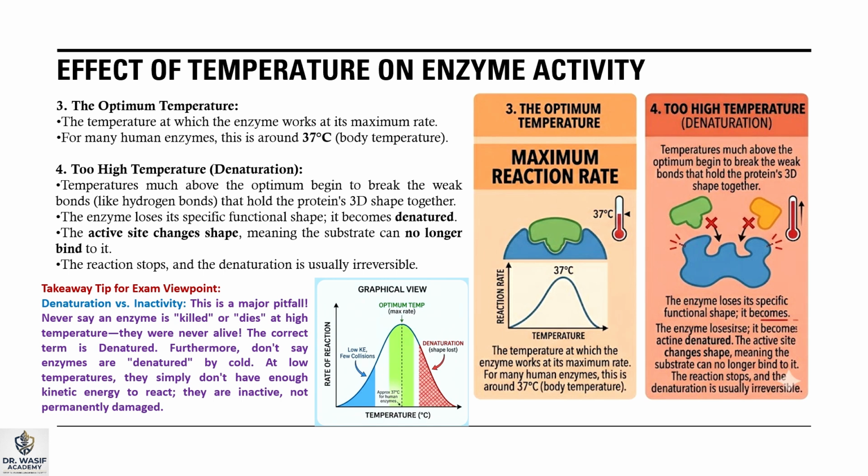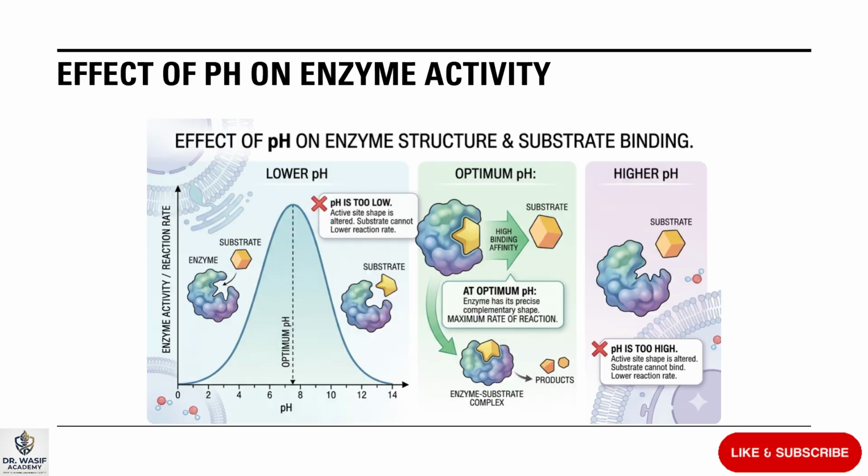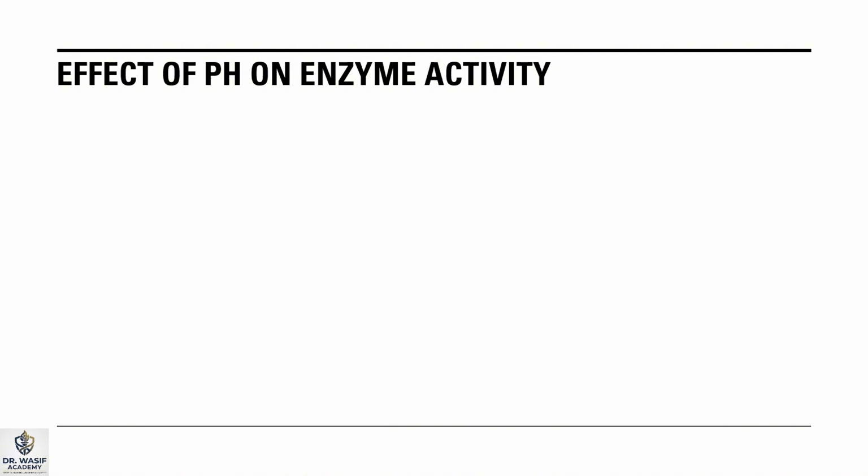Temperature is not the only thing which can change an enzyme's shape. In our next slide, we will look at another silent controller, that is pH. If temperature is the weather an enzyme lives in, the pH is the chemistry of its home. Just like heat, the acidity or alkalinity of the environment can completely change how an enzyme behaves.